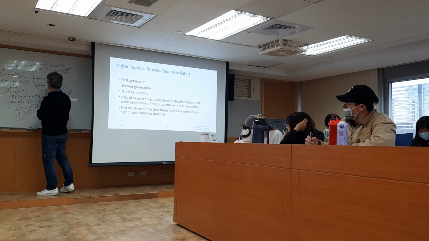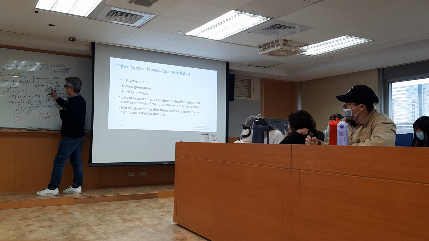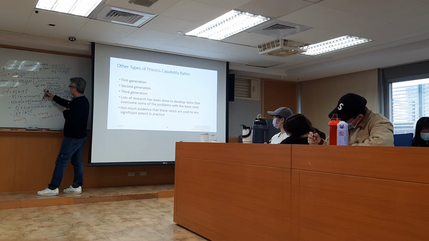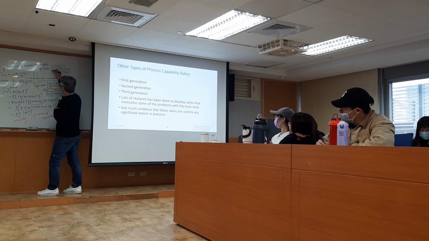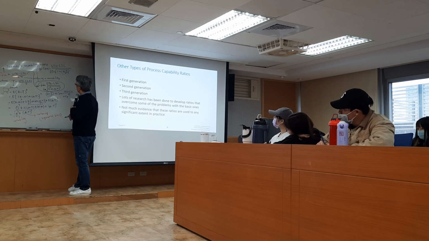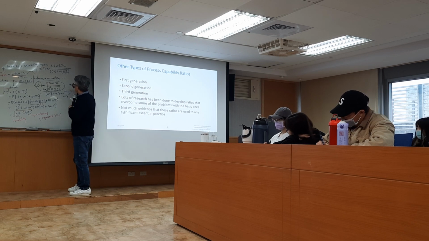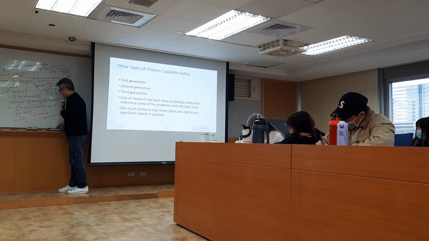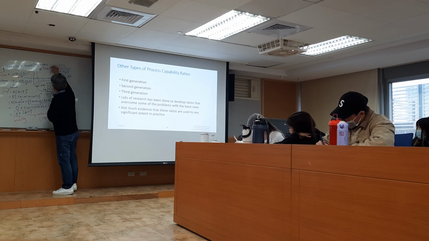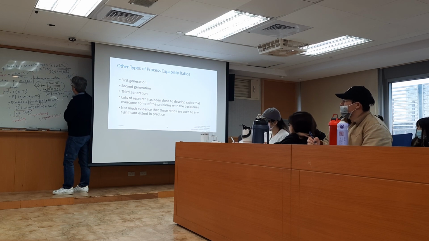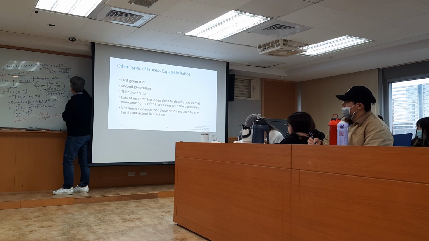I'm sorry, the 6 is missing, it should be 6 sigma. Yes, and the 6 is also missing here. So this is the CP, and this is the square root of 1 plus the squared term.